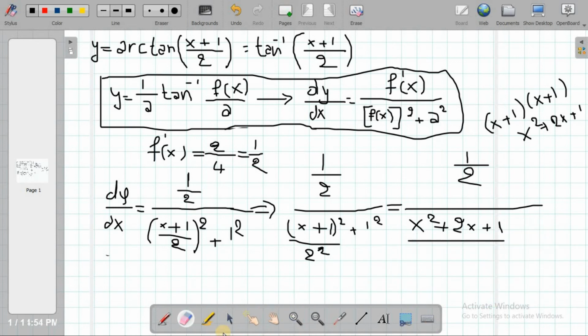Let me fix this properly. This plus 1 is not on top of the bar. We're going to have 4 over 4. So guys, you can see we're not done yet again.